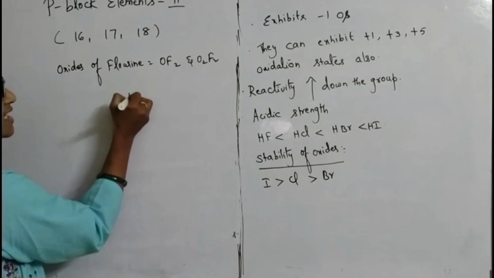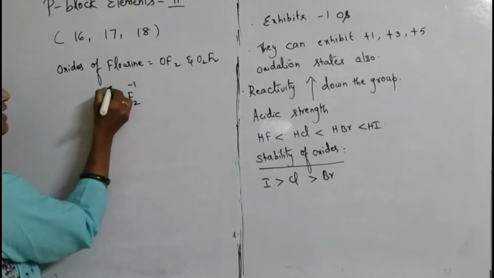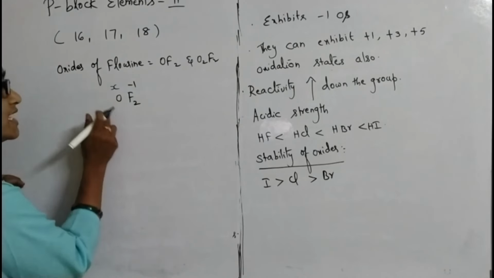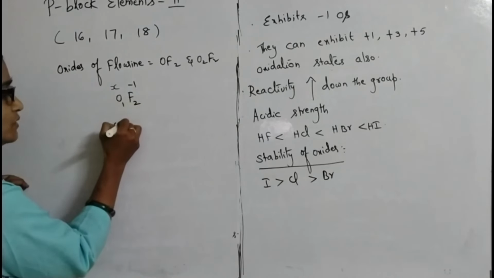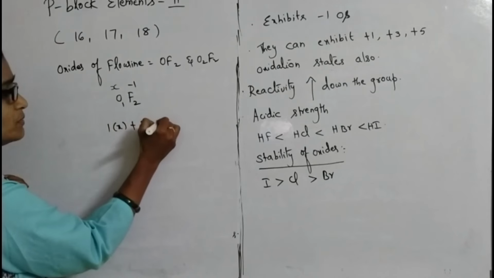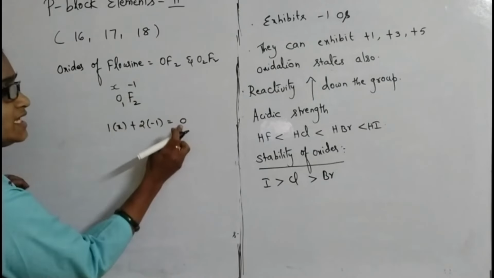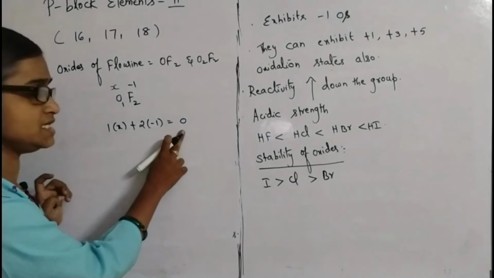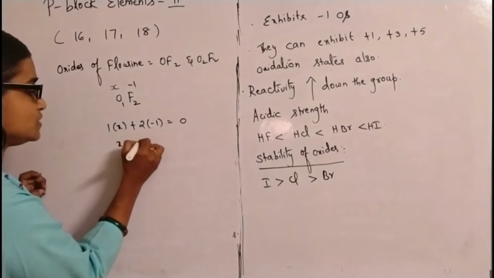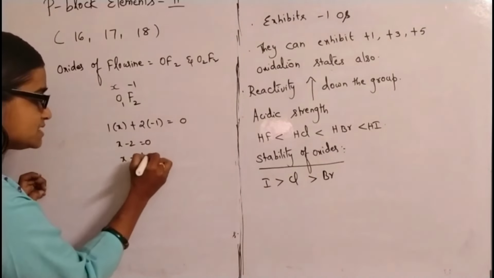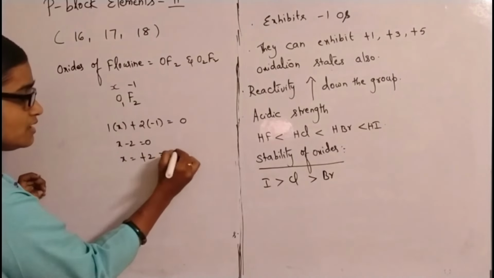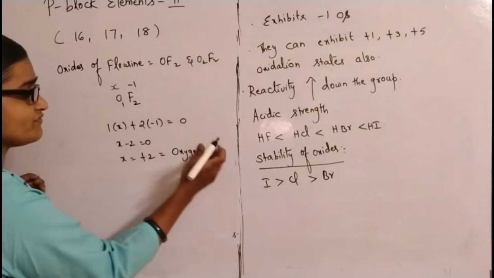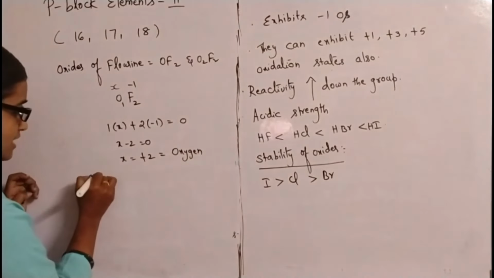You just see, fluorine you keep -1, and oxidation state of oxygen you keep x. So 1 into x plus 2 into -1, it's a compound, so you equate the oxidation number to 0. So x minus 2 is equal to 0, x equals +2. That means oxygen is exhibiting +2 oxidation state in the OF2 molecule.